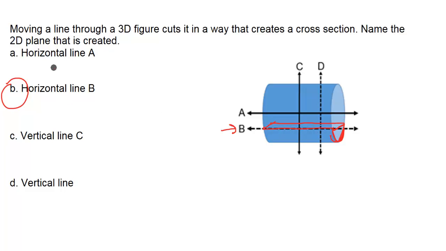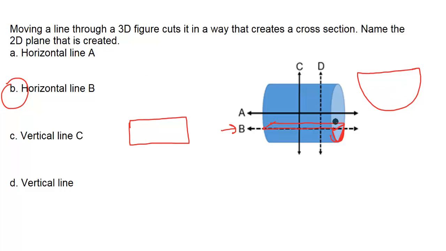And just like the first one, horizontal line A, it's going to be a rectangle. But the thing about this rectangle is that it's not going to be as big as the rectangle that was formed with the line A, because let's imagine this was the first semicircle here.